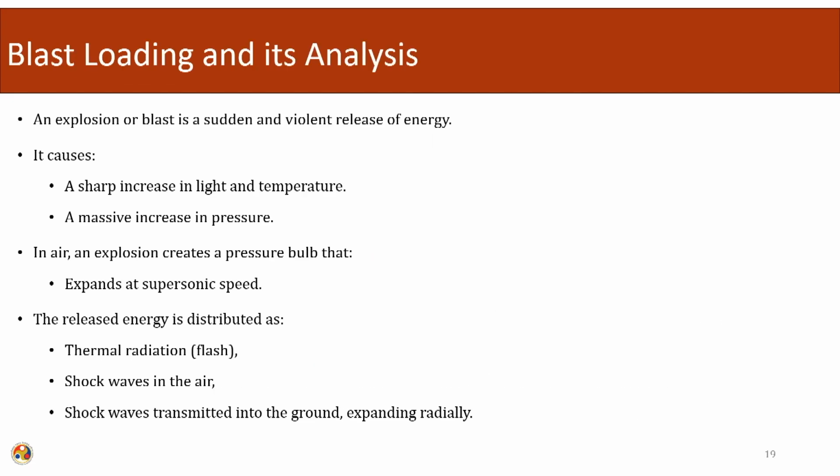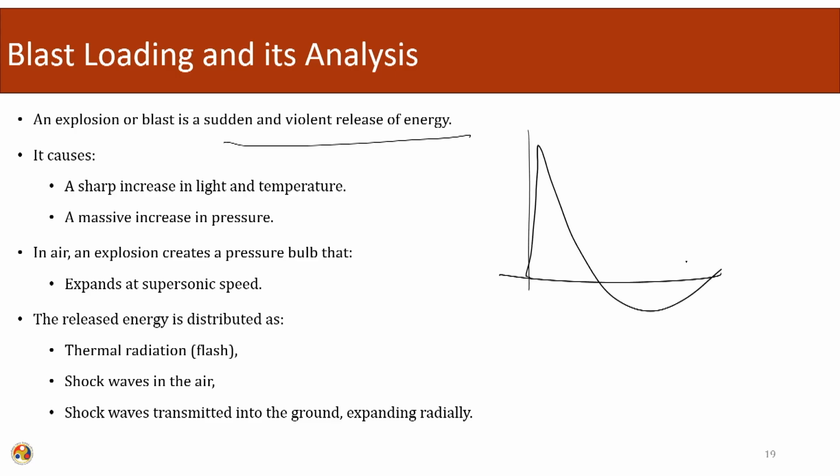So, moving ahead, blast loading and its analysis. An explosion or blast is a sudden and violent release of energy. This is the Friedlander's profile. Here there is a sudden release of energy. A blast causes a sharp increase in light and temperature.